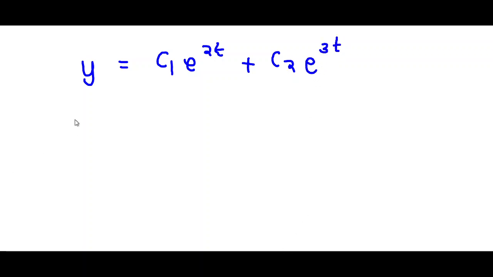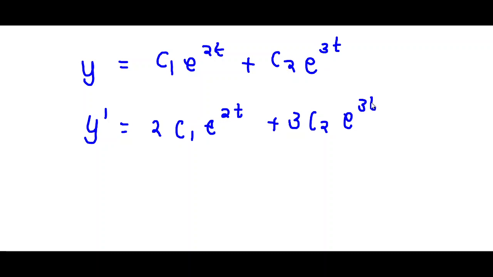So we had our y is c1 e^(2t) plus c2 e^(3t). Our y prime therefore will be 2c1 e^(2t) plus 3c2 e^(3t). It's as simple as that.